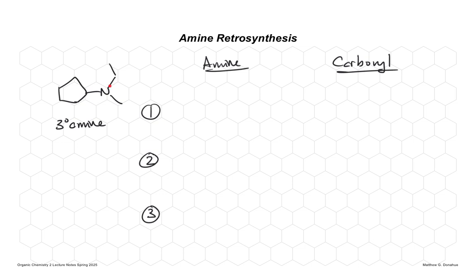So I want to break this bond, N to C. And I'll call that scenario 1. So to make that product through reductive amination, the part of the molecule that has the nitrogen is going to become a secondary amine.